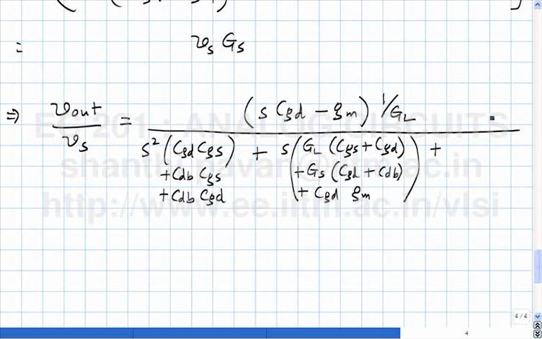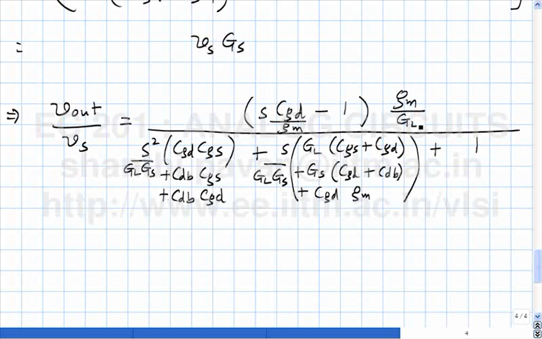This becomes 1. And this is GL GS, and I will divide the numerator also by GM, and take GM outside, so I get GM by GL.